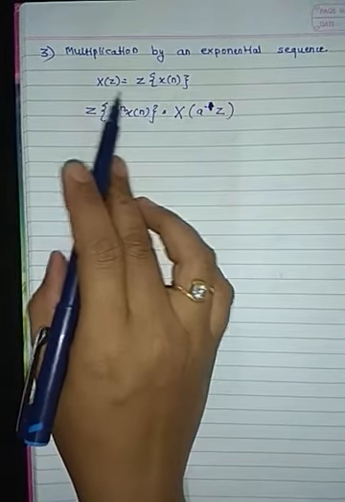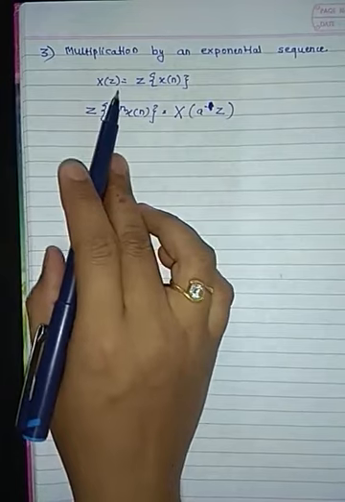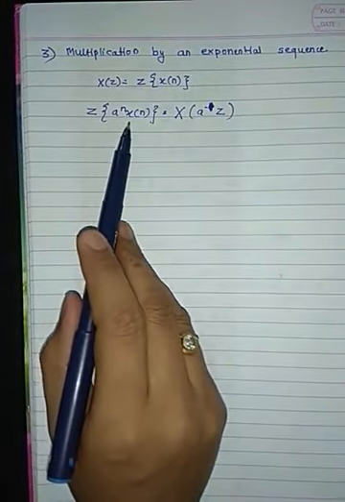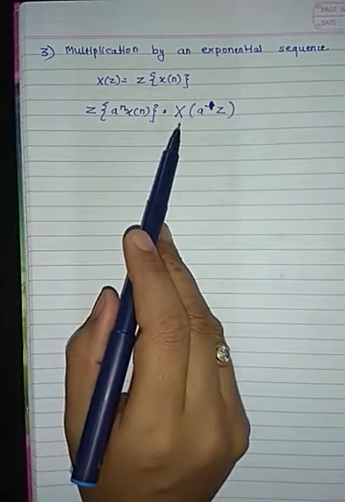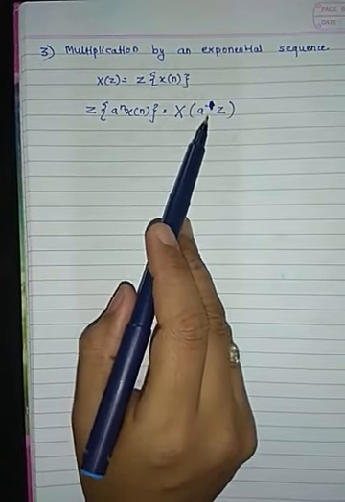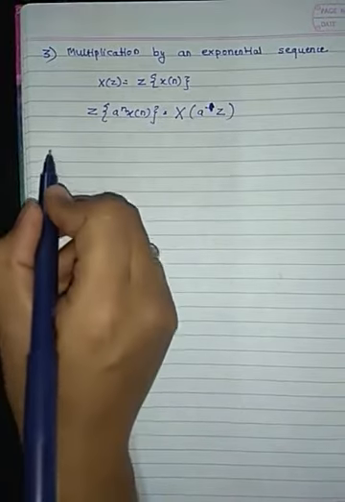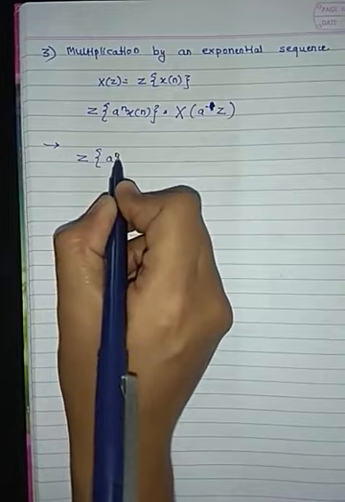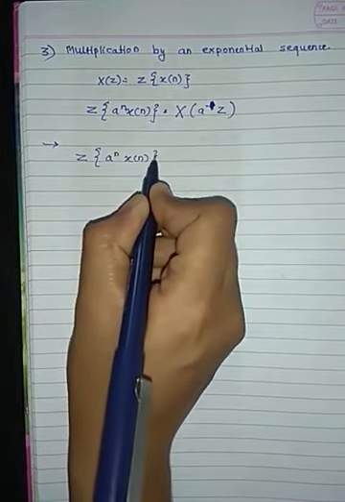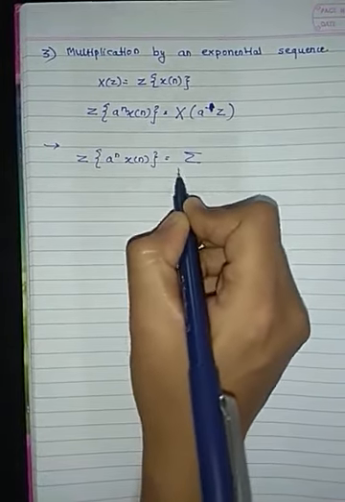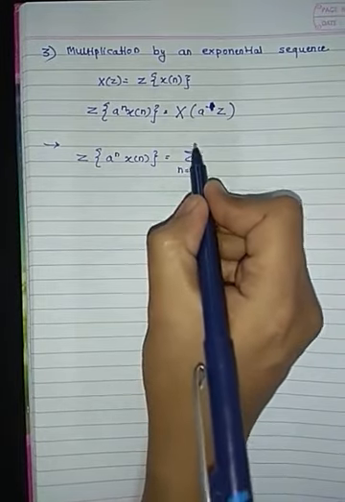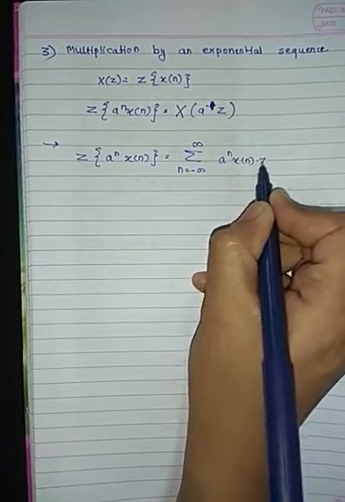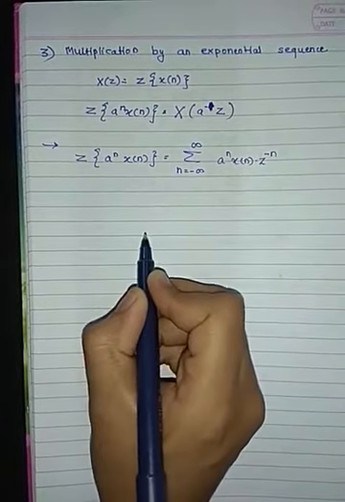If the z transform of x of n is denoted as X of z, then the z transform of a raised to n into x of n is nothing but X of a raised to minus 1 into z. According to the definition, Z of a raised to n into x of n is equivalent to summation from n equal to minus infinity to plus infinity of a raised to n x of n into z raised to minus n.